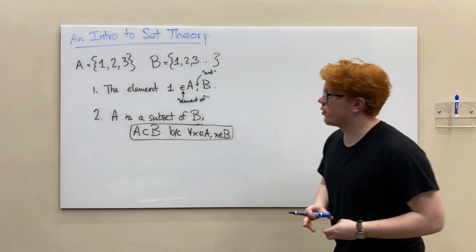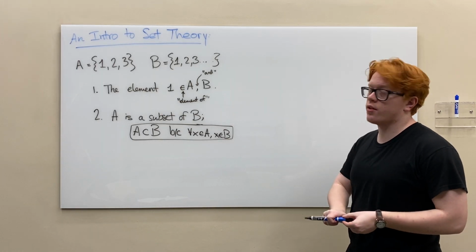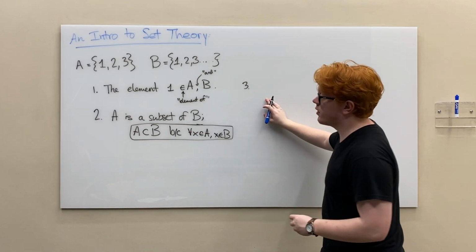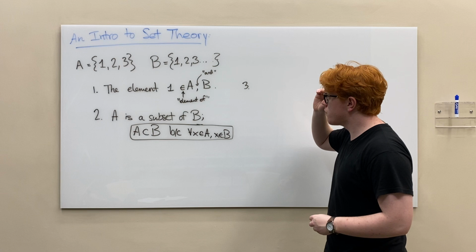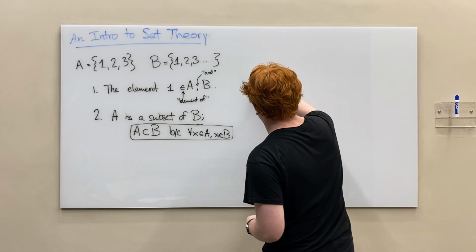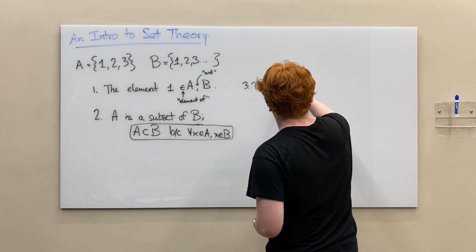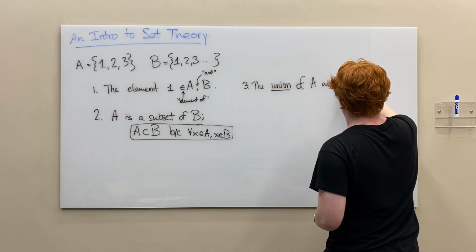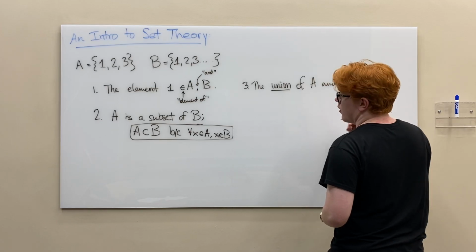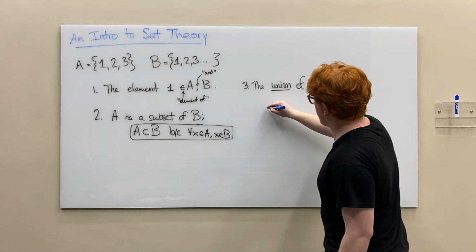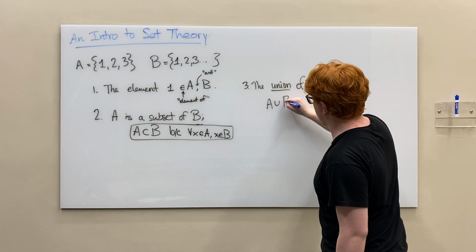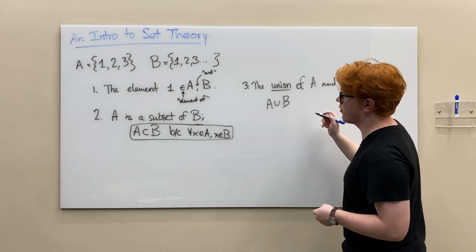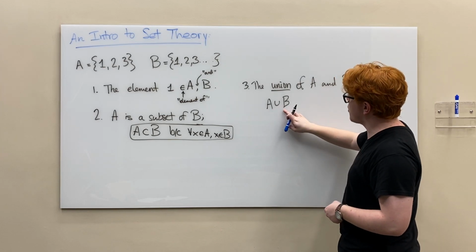Now we're going to talk about two things called union and intersection. The union of A and B is A union B. It's also apparently called A cup B sometimes, which is kind of interesting. I just learned that today, actually.